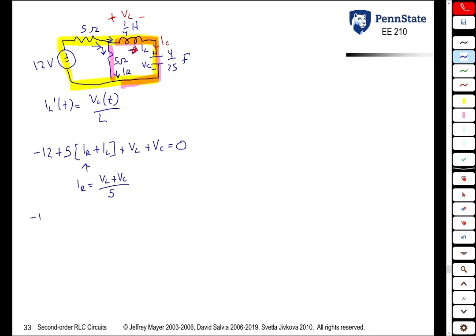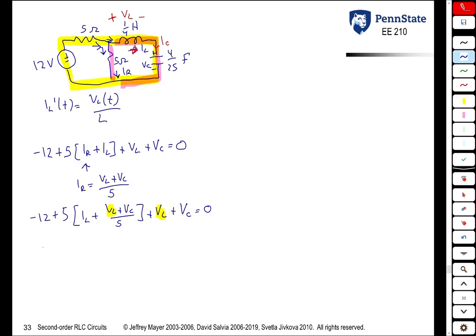So we now get that minus 12 plus 5 times IL plus VL plus VC over 5 plus VL plus VC is equal to 0. Let's put VL to the left-hand side and everything else to the right-hand side.